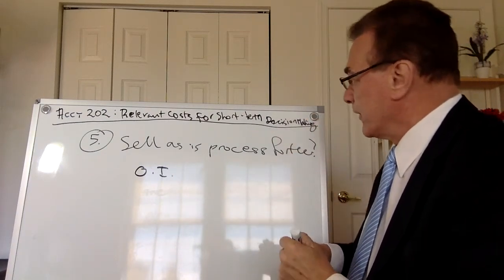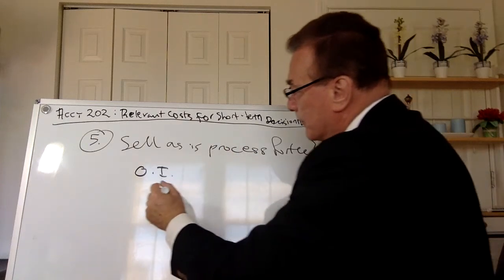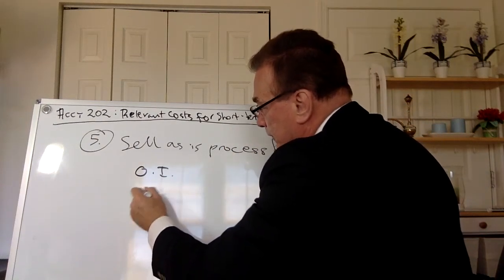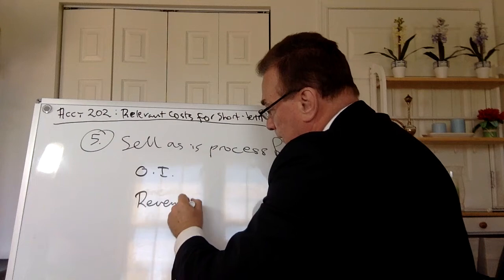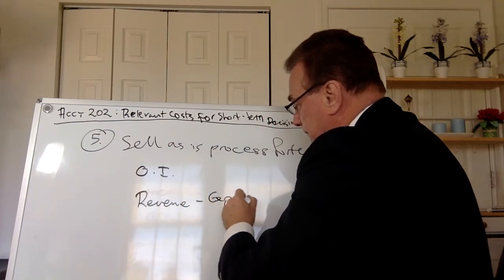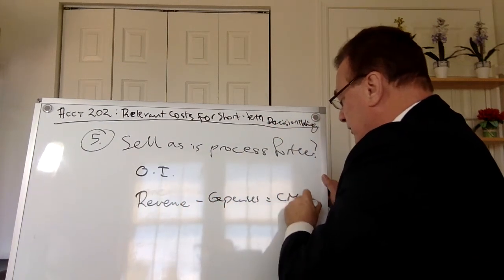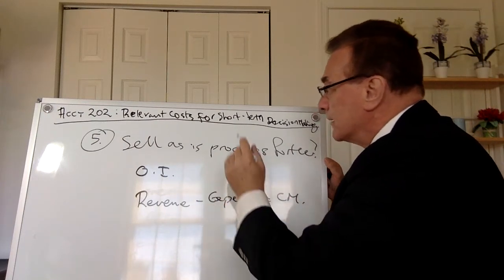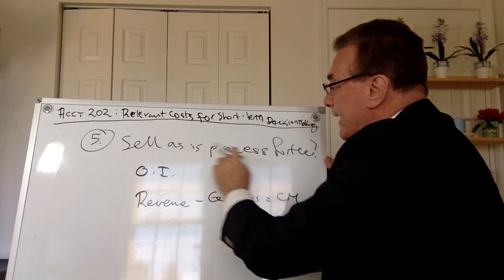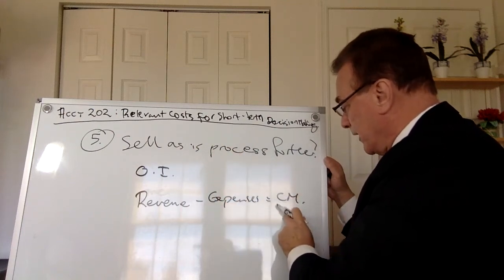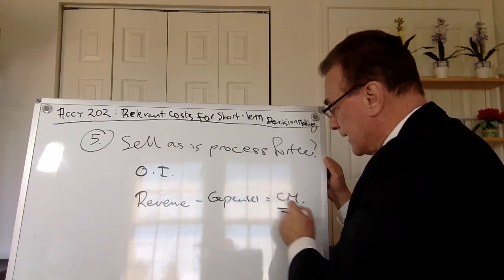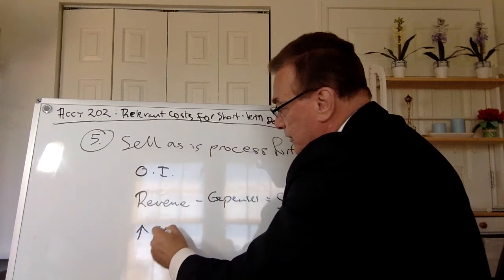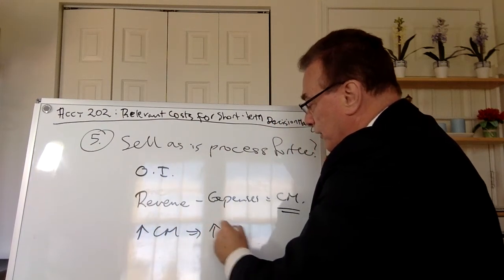Or if you process further, what will that operating income be? So you're looking at the revenue minus the expenses to give you the contribution margin, and you want to go with that stage of production which gives you the highest contribution margin, because the higher the contribution margin, the higher your operating income.